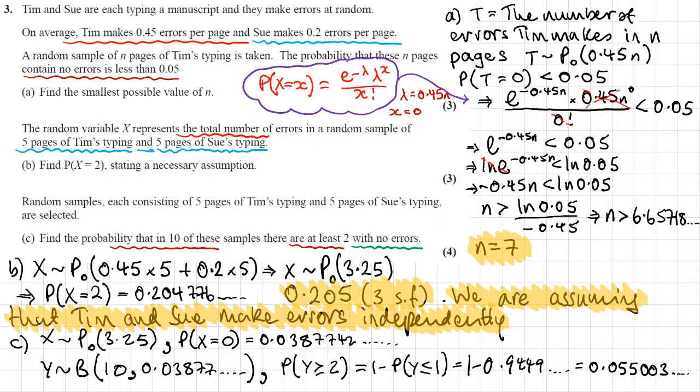Remember, 3 significant figures, so this will be 0.0550, and that's again to 3 significant figures.